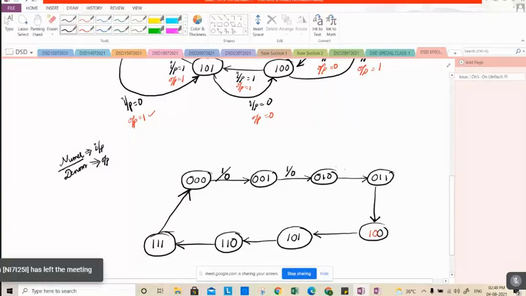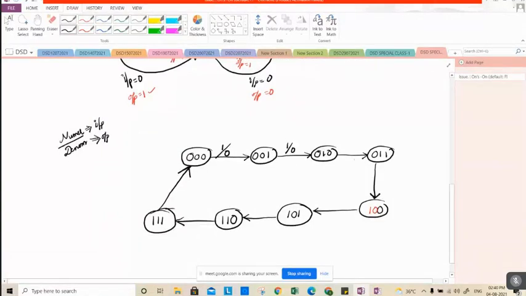And what about this case? 0 1 0 to 0 1 1. Right, it is 1 by 1. Input is 1, output is 1. And this is again 1 by 0. This is 1 by 1. And this is 1 by 1. This is 1 by 1. This is 1 by 0.